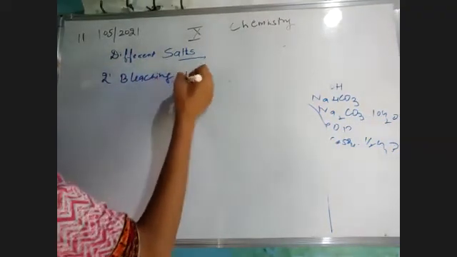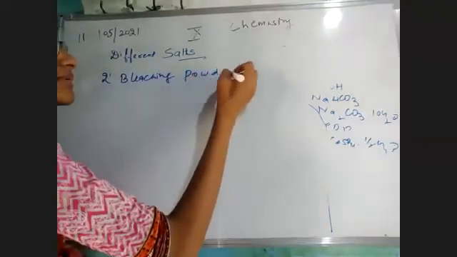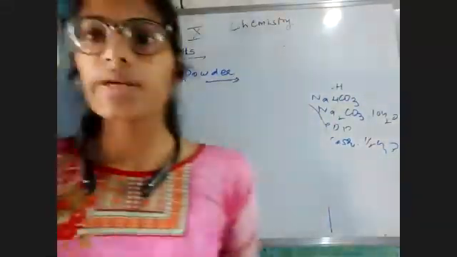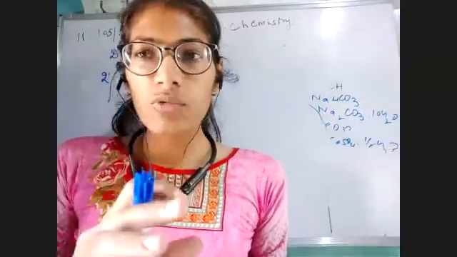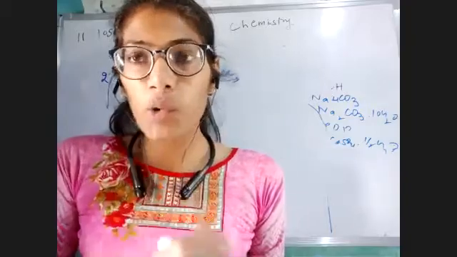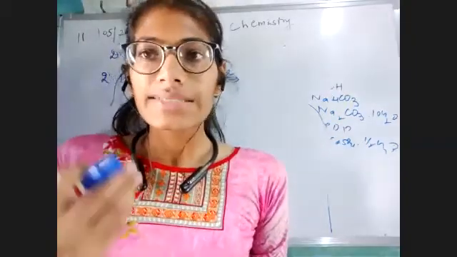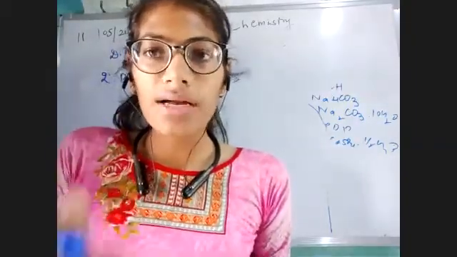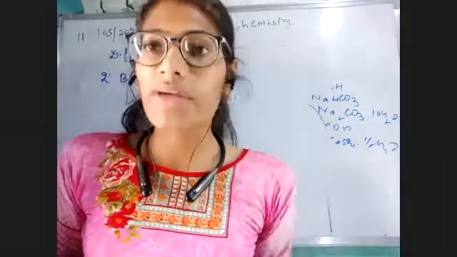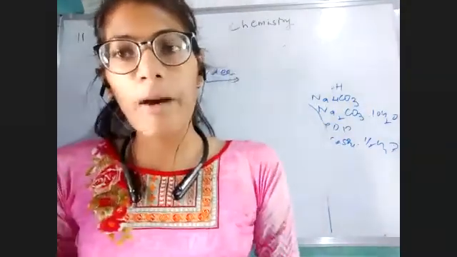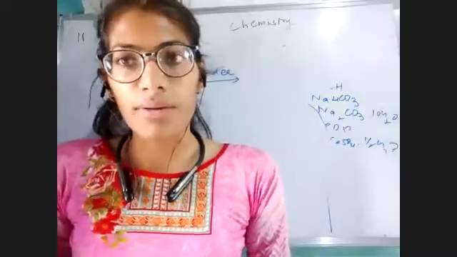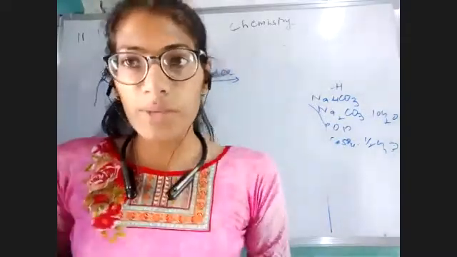Have you heard the name of bleaching powder? Bleaching powder is something which is used to remove impurity from water, first thing. Second, it is used to bleach, or to give color to some compound. Now, what is the composition of bleaching powder?